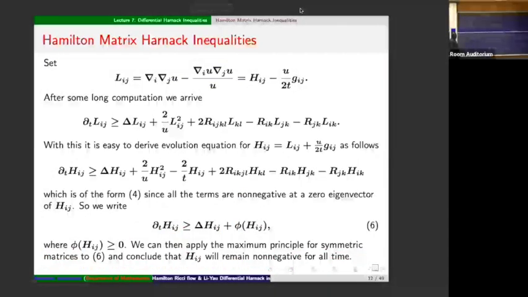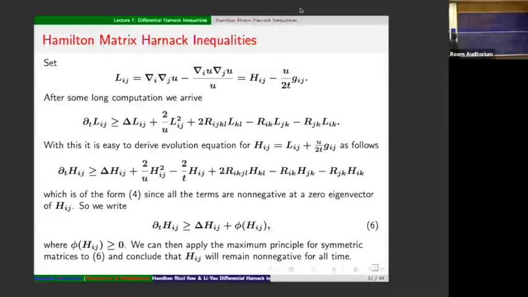The way to do that is this: you define Lij to be Hij, which is what we want to prove is greater or equal to 0, minus this term u over 2t times g. You can do a long computation, and you have this, which is easy to see as follows.